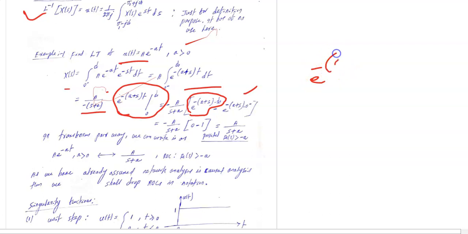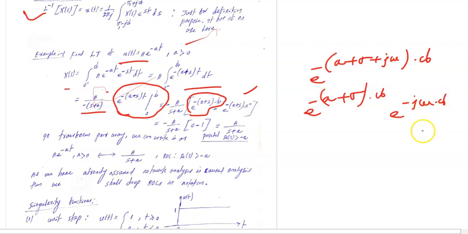Let s equal sigma plus j omega. So we get e to the power minus (a plus sigma) into infinity and e to the power minus j omega into infinity. Now this term can only be 0 if the exponent is positive.